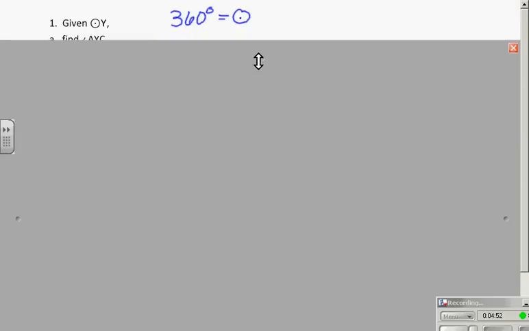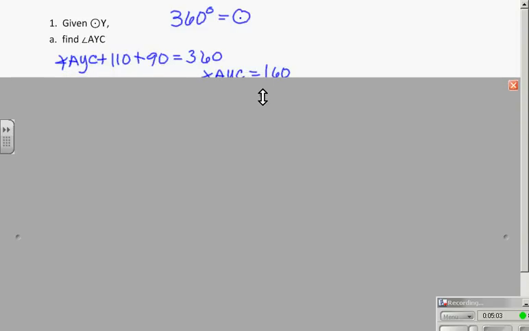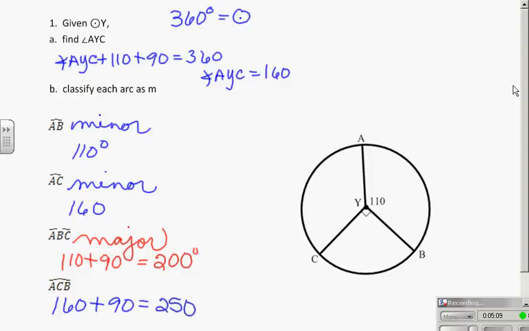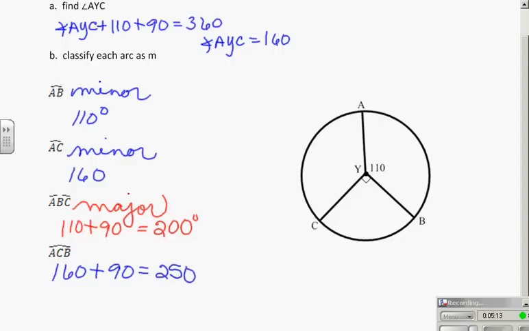Now, some examples. If we're given a circle, first of all, remember that all of the degrees around a circle are 360, always. That holds true. So if I'm given angle AYC in this circle right here, and I want to find that.